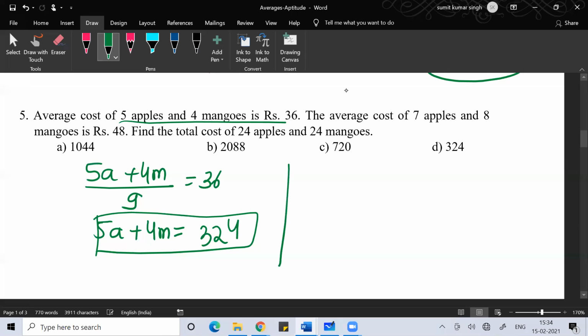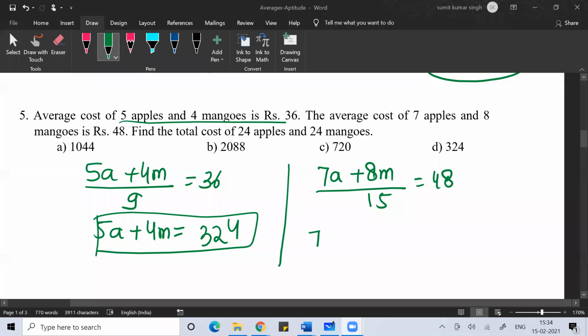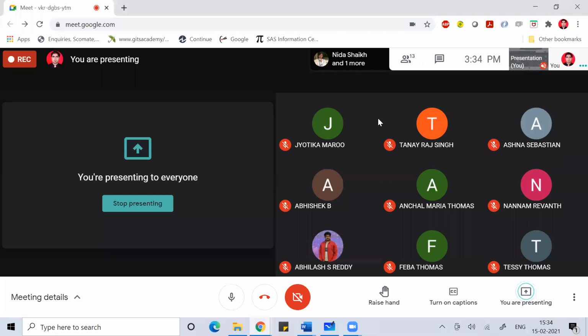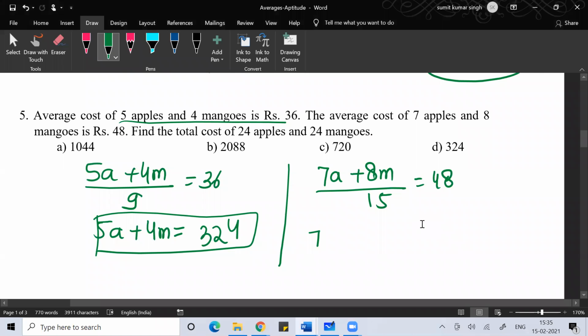You understood this? Then the average cost of 7 apple plus 8 mango. So the total is 15 equal to 48. Okay, sorry guys, a little bit of internet problem I'm facing.